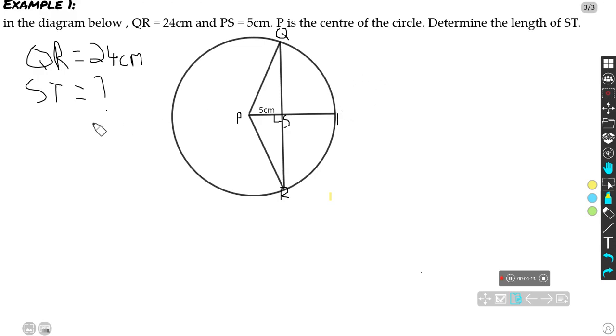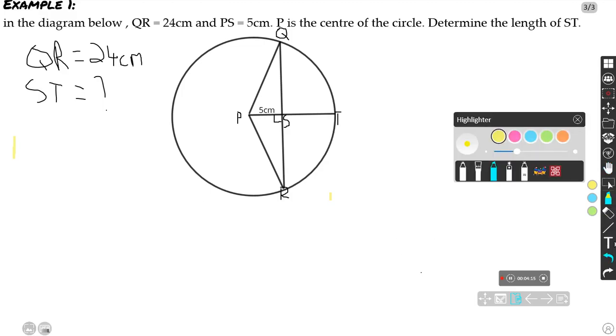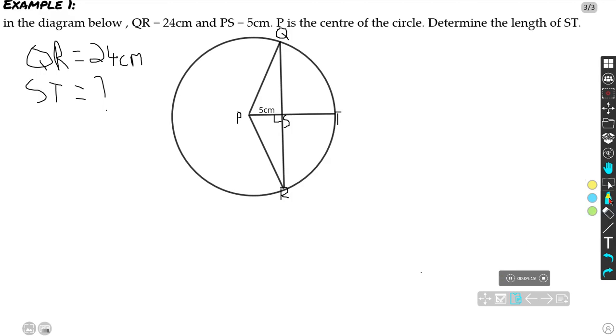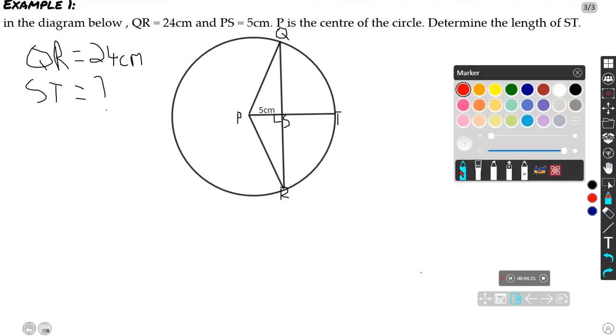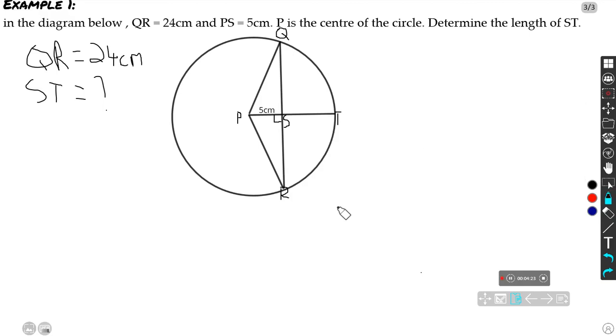So we have collected our data by just looking at the diagram and the highlight. Before we solve anything, we're just collecting our data. So I'll write that PQ is equals to PR, right?